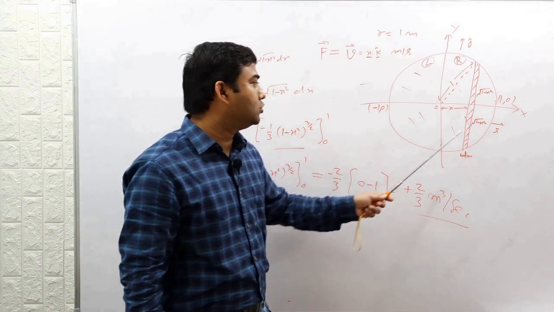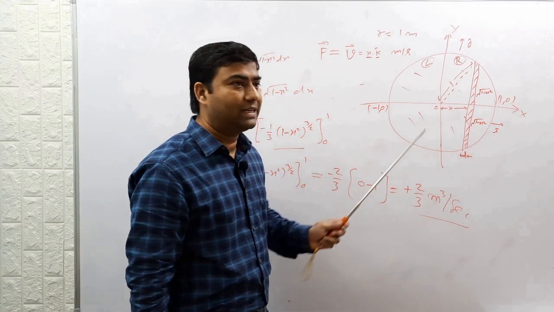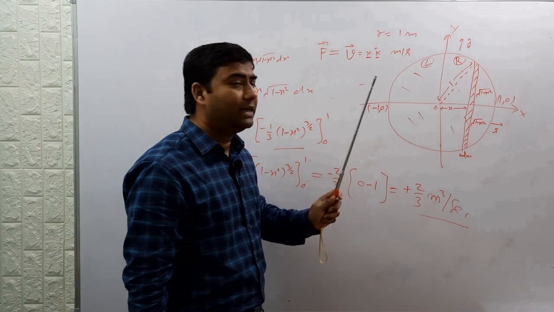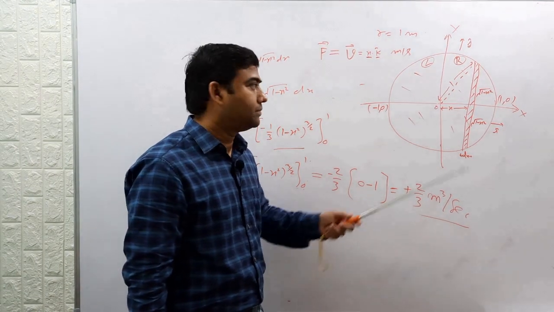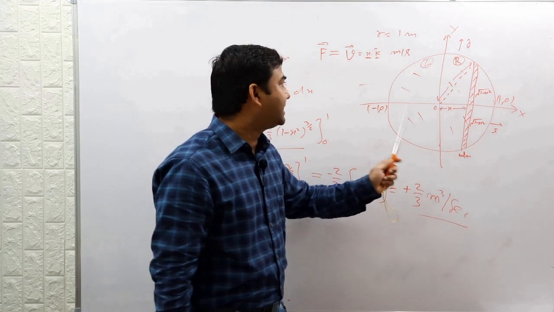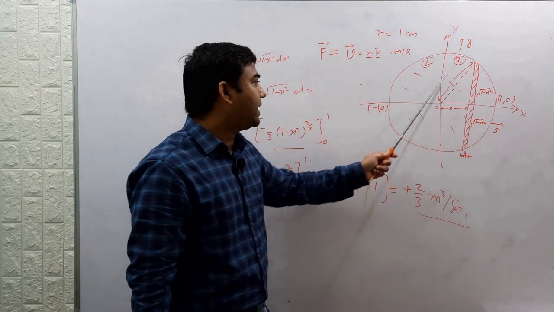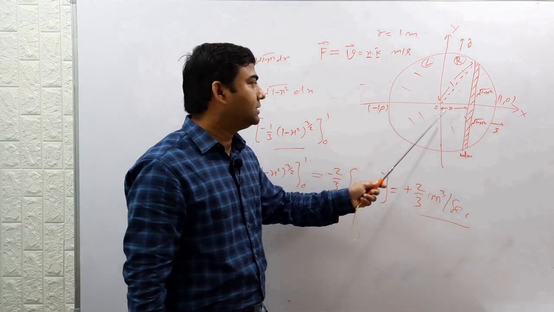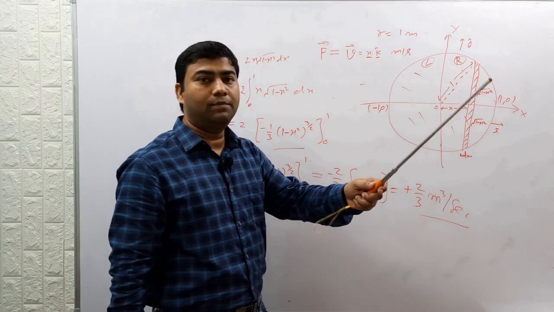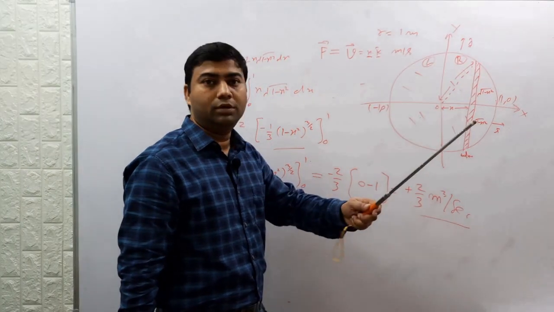Why is this plus sign appearing here? Because both vectors, vector V and area vector, are in the same direction. Vector V in this region, x is positive, hence throughout this region vector V is positive, that is plus k, above the board.